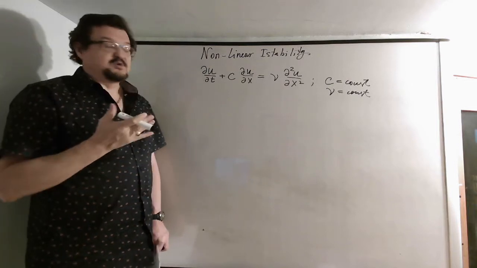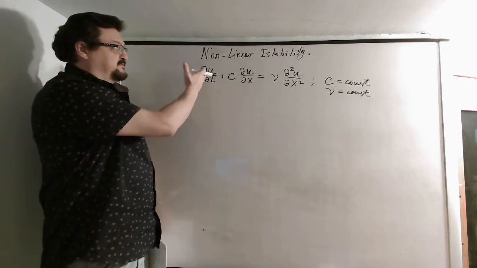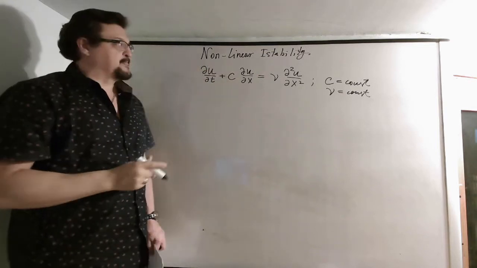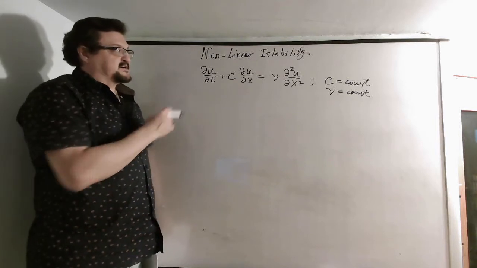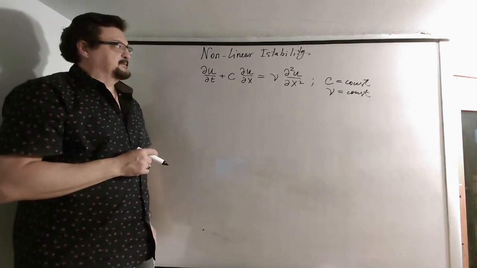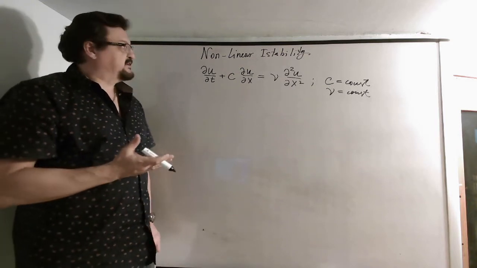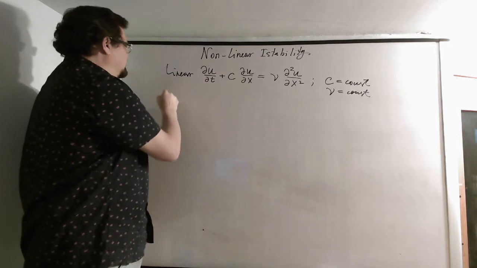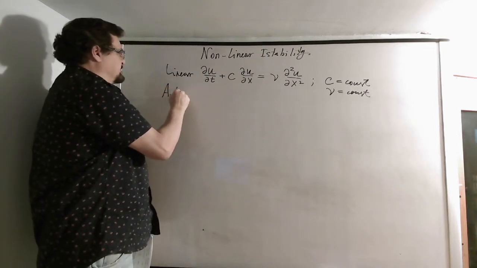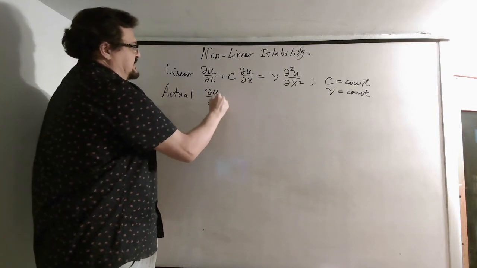And of course it only works if those coefficients are not functions of, say, u itself. So in this case they are linear. In reality, of course, this is the linear equation, and this is the actual one. So it may look something like that.